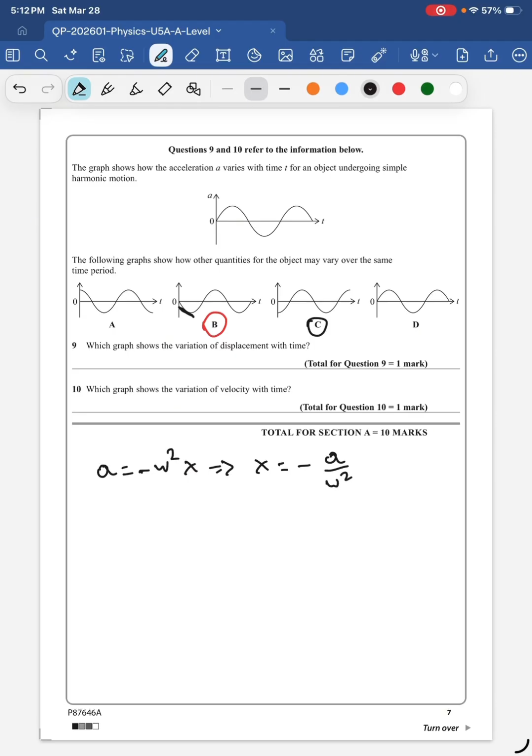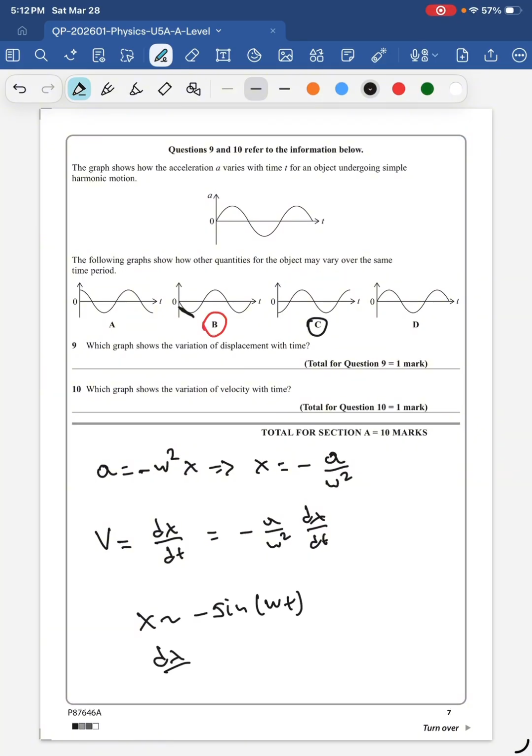If you want the math for part 10, v is dx over dt. So it's going to be our x, that quantity over there, so it's minus a over omega squared dx over dt, and then from B we see that our x is proportional to minus sine omega t, right?